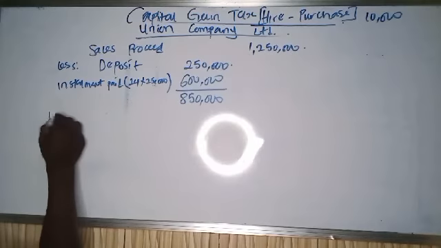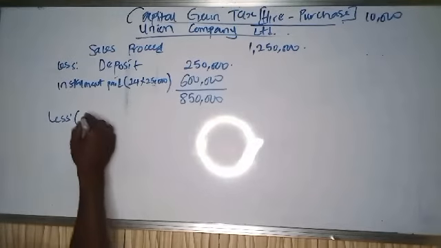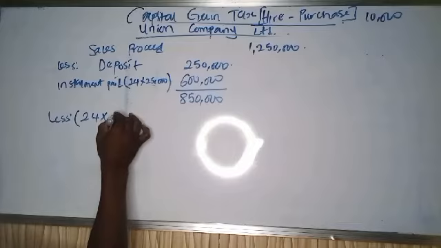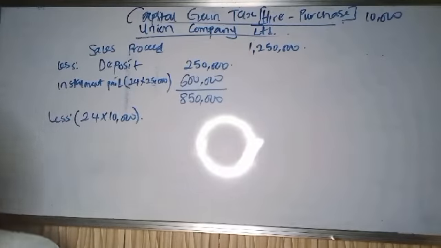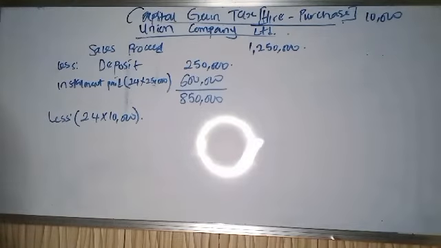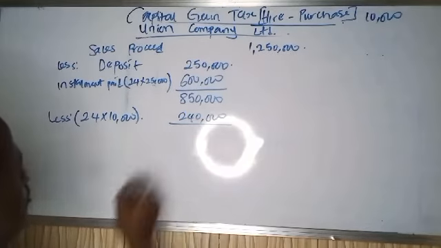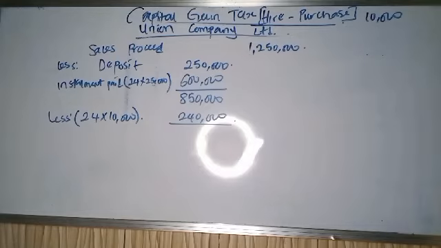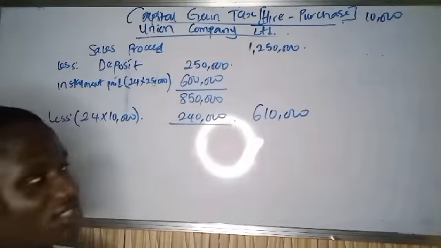So less the interest for 24 months, 24 times 10,000 naira gives me 240,000. I will subtract that from 850,000, and that will give me 610,000 as the real cost of the asset without including the interest.